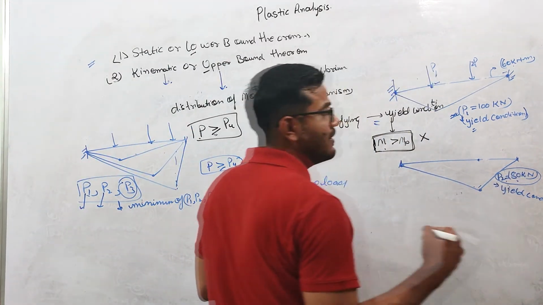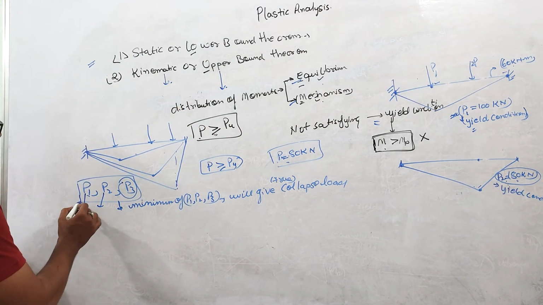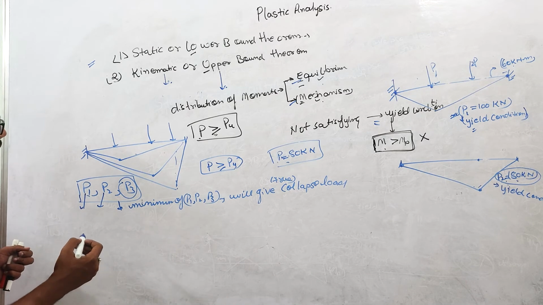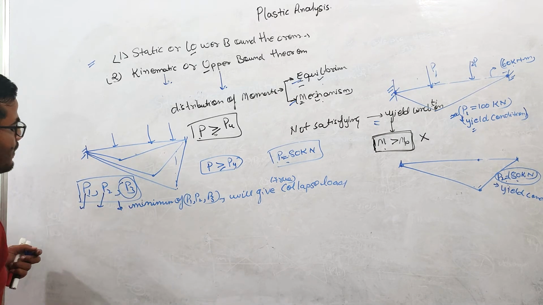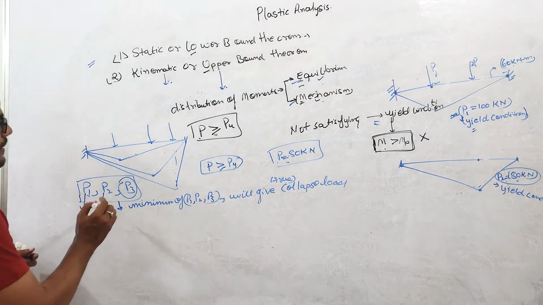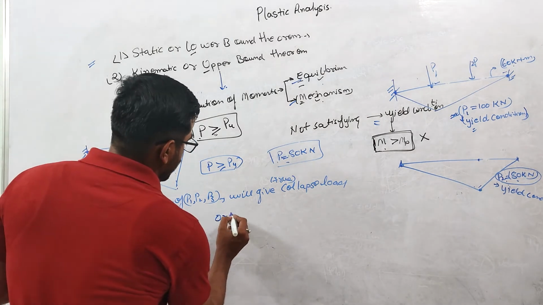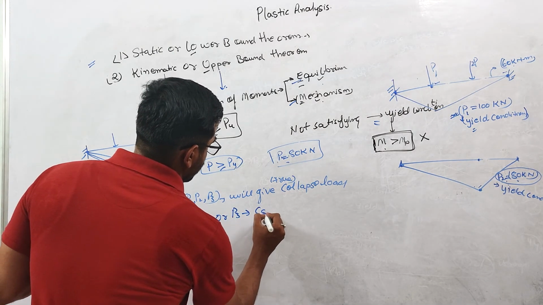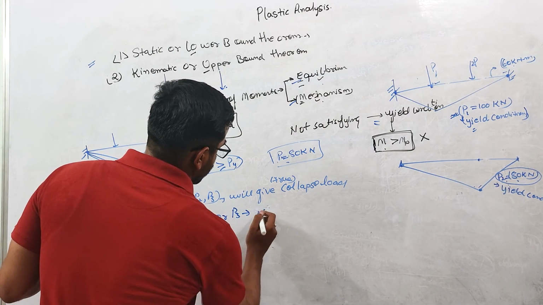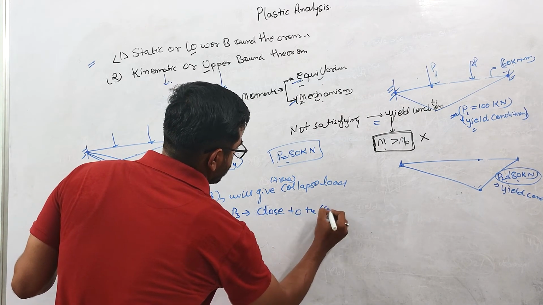So we need to satisfy the yield condition, and the yield condition will correspond to the minimum of these three values, or you can say that this P3 value is closest to the true collapse load.